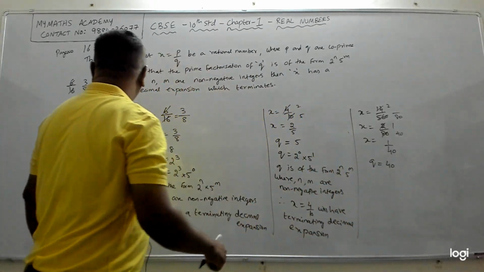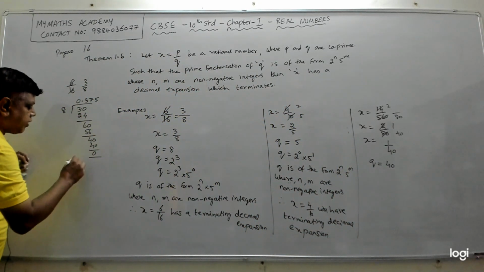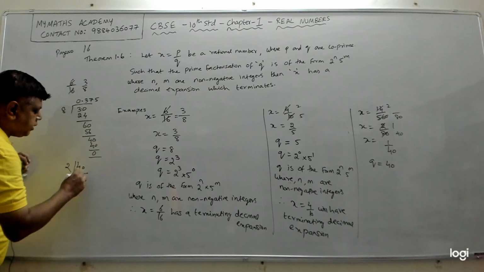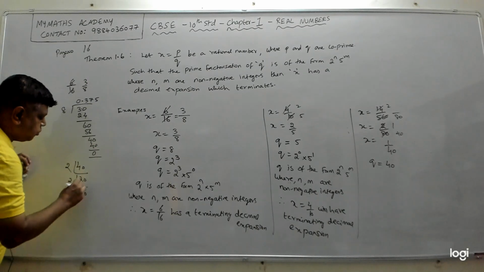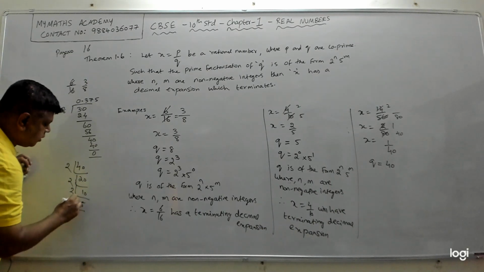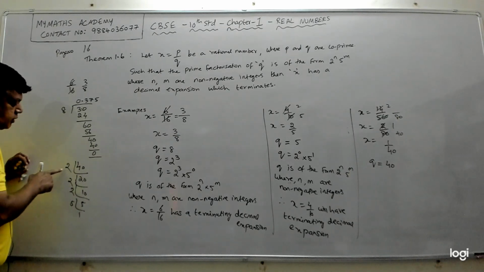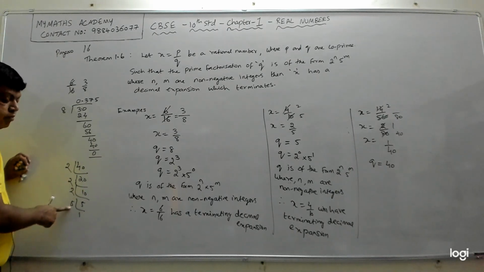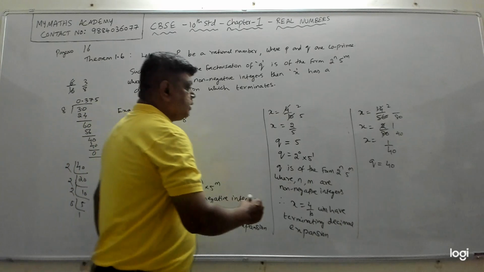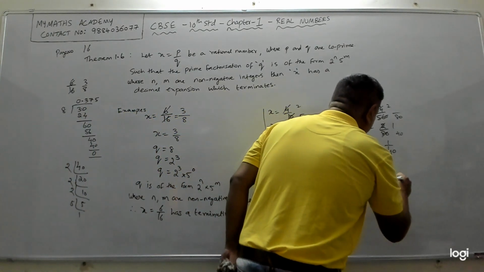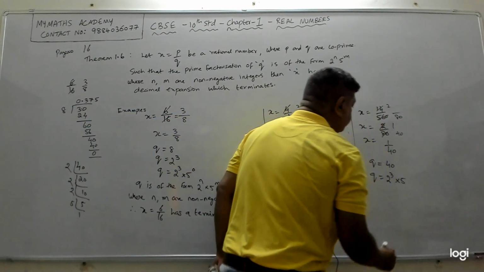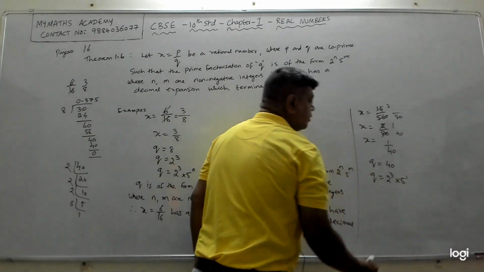Now for 40, let's do the prime factorization. So 2, 20, 2, 10, 2, 5, 5, 1. So which means it can be written as 2 into 2 into 2 into 5, which means 2 cube into 5. So my q can be written as 2 cube into 5, and 5 means 5 power 1.